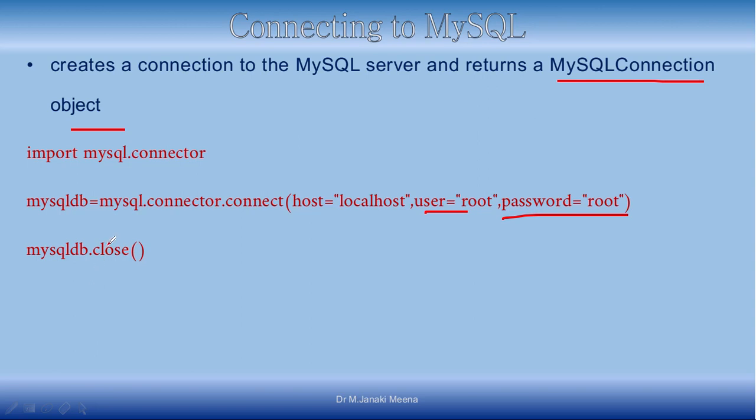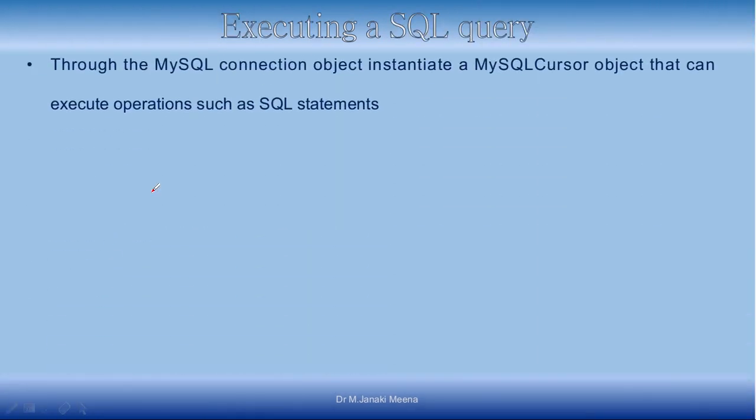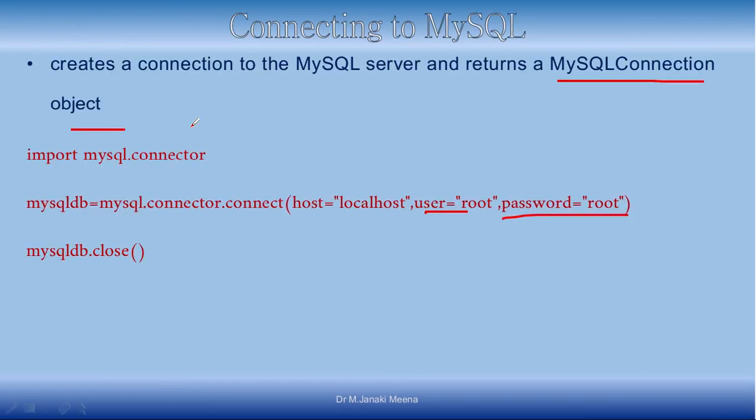And once we open the connection, it is a must that before we conclude the program, we close it. We do all the operations in between and then close it. So we have seen how to establish a connection: using the MySQL connection object, which you get by using the connect function.